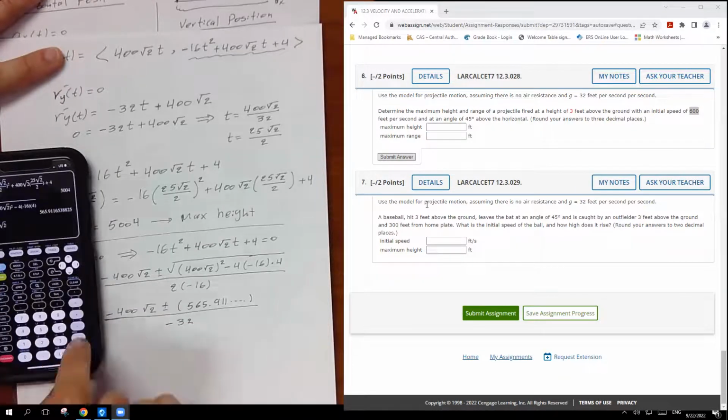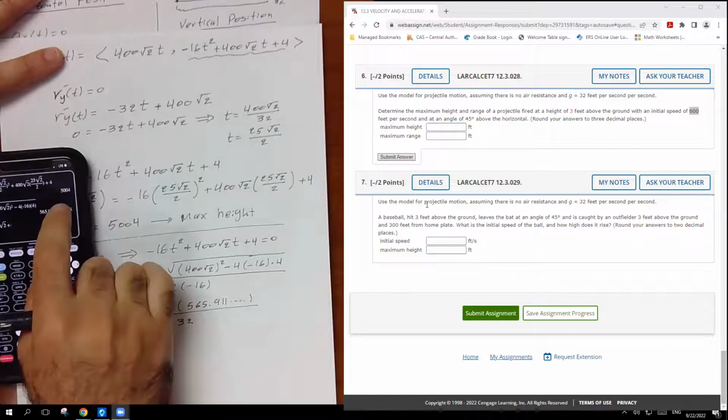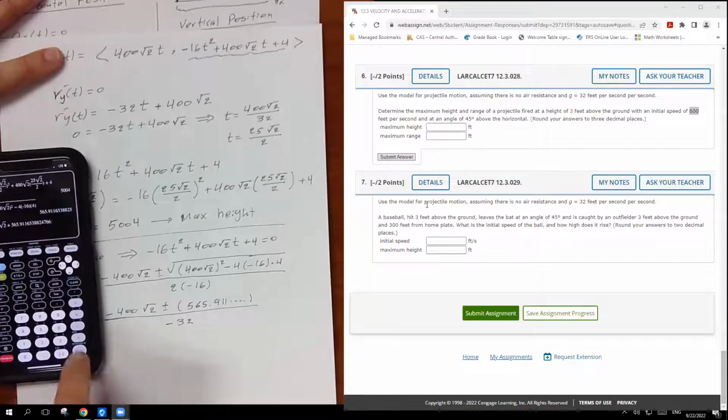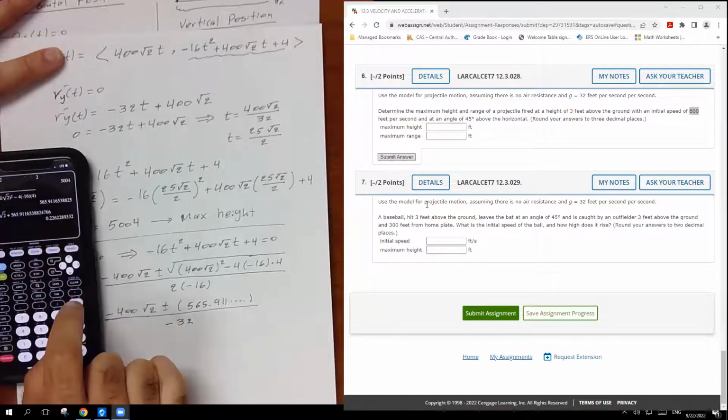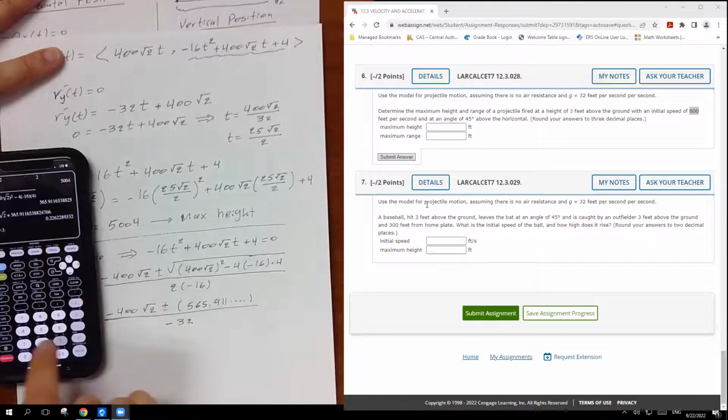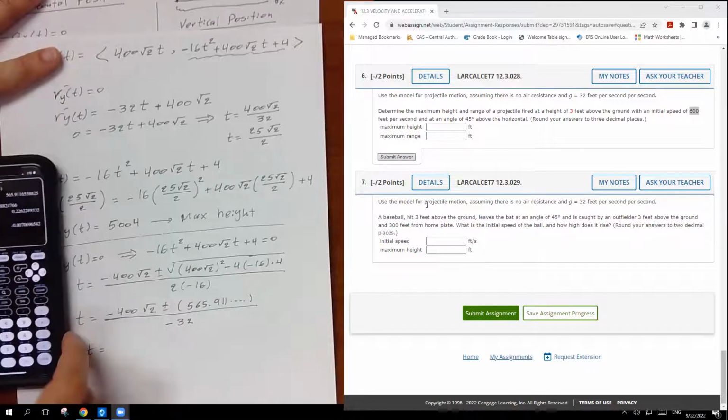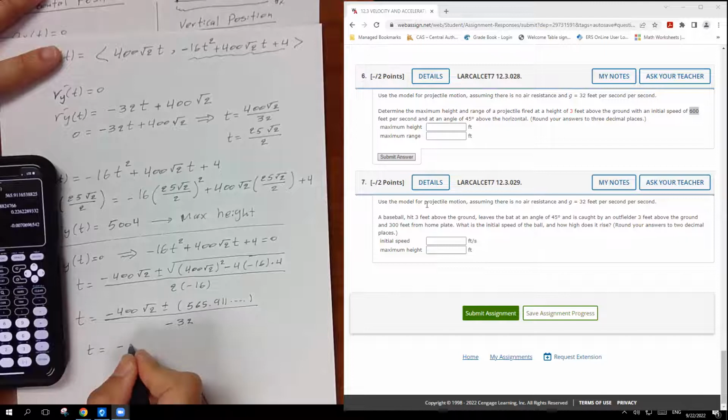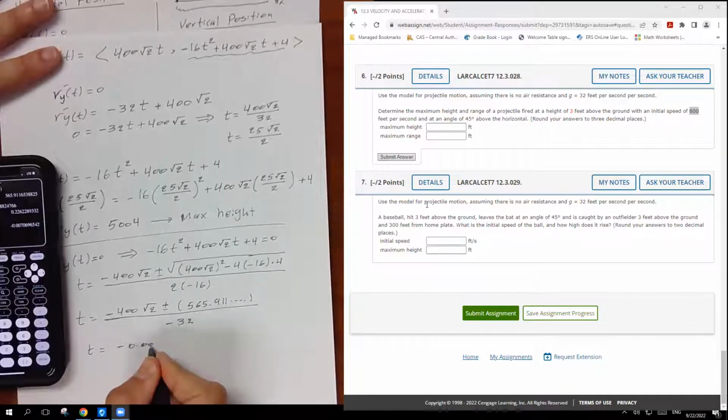And this one, if I add it with this number, here is the result. This one divided by negative 32 is going to be, the first time is negative 0.0070.